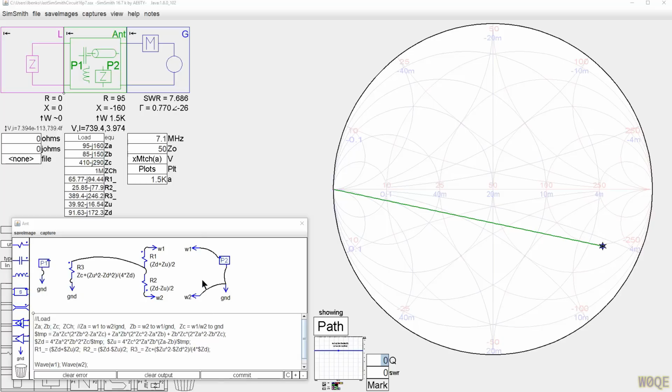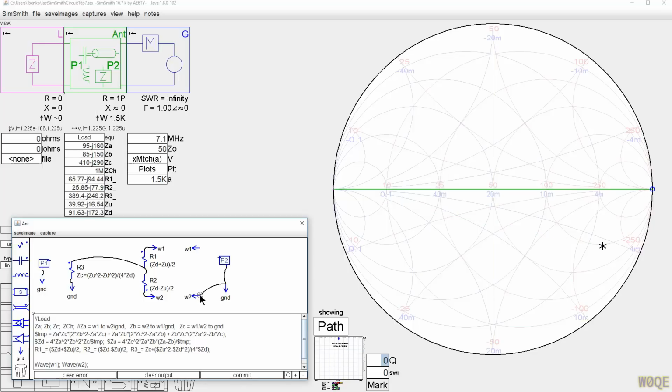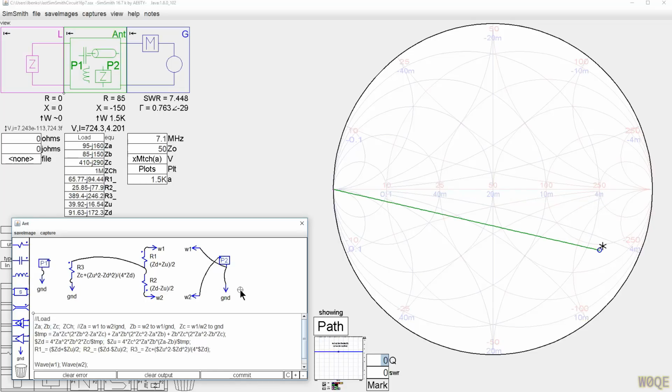ZA is what's shown in the schematic right now. We'd measure it, sweep the frequency if you wish, save it to a file, and make a new measurement. The new measurement would be that circuit. We swap W1 and W2 around, where W2 is connected to the hot side of the analyzer, and W1 and ground are connected together to the chassis of the analyzer.